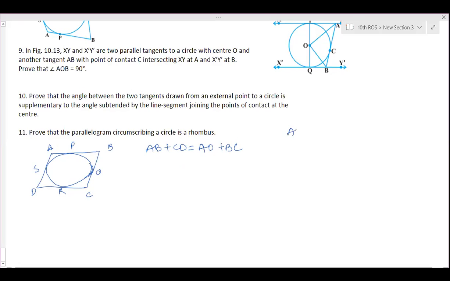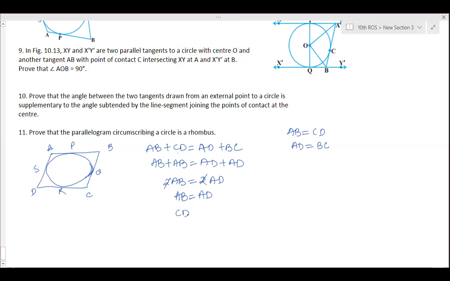We know that in a parallelogram opposite sides are equal. AB is equal to CD, AD is equal to BC. So substitute CD with AB and BC with AD: AB plus AB is equal to AD plus AD. Therefore 2AB is equal to 2AD. The 2 gets cancelled, so AB is equal to AD.